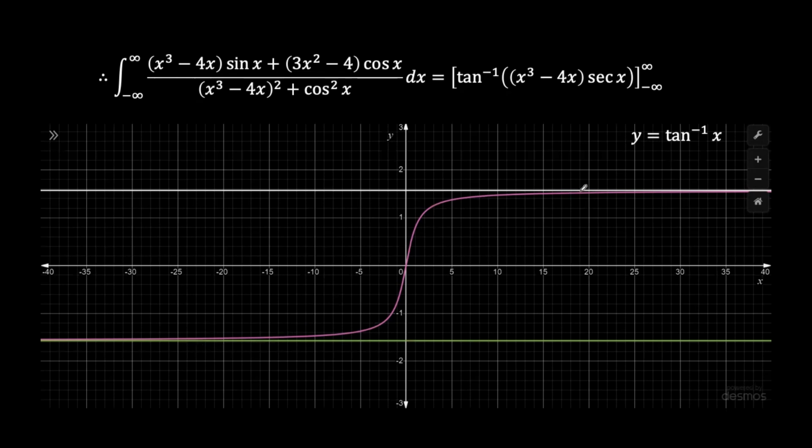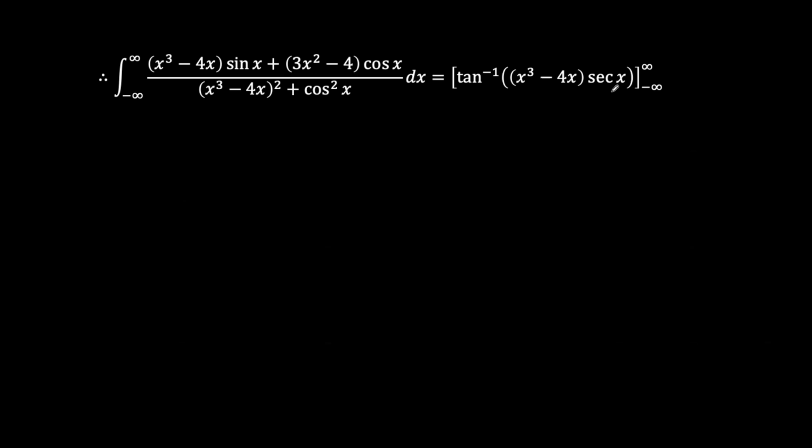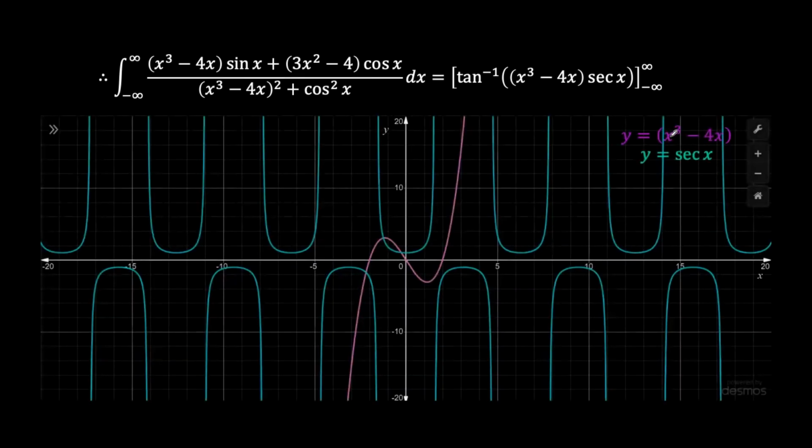So we now know that. And then we have x cubed minus 4x secant x. How does this function behave? As we can see, for x cubed minus 4x, it rapidly tends to negative infinity.